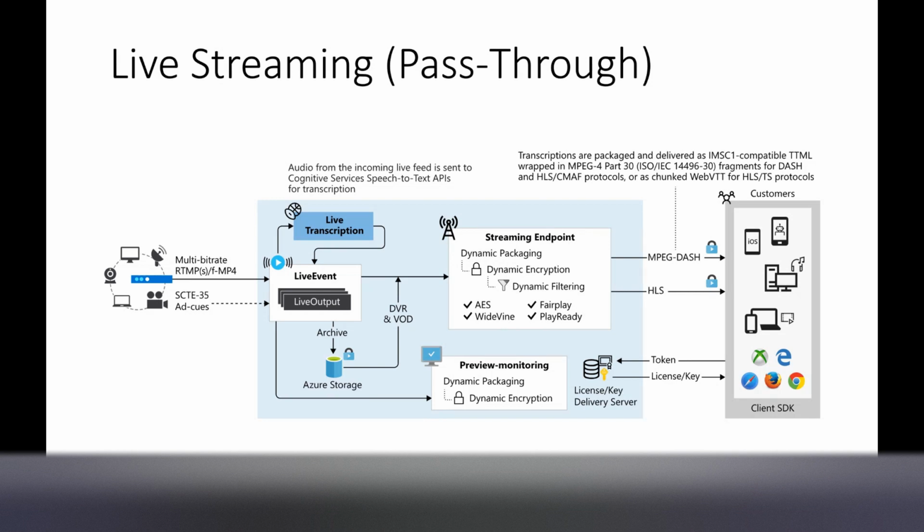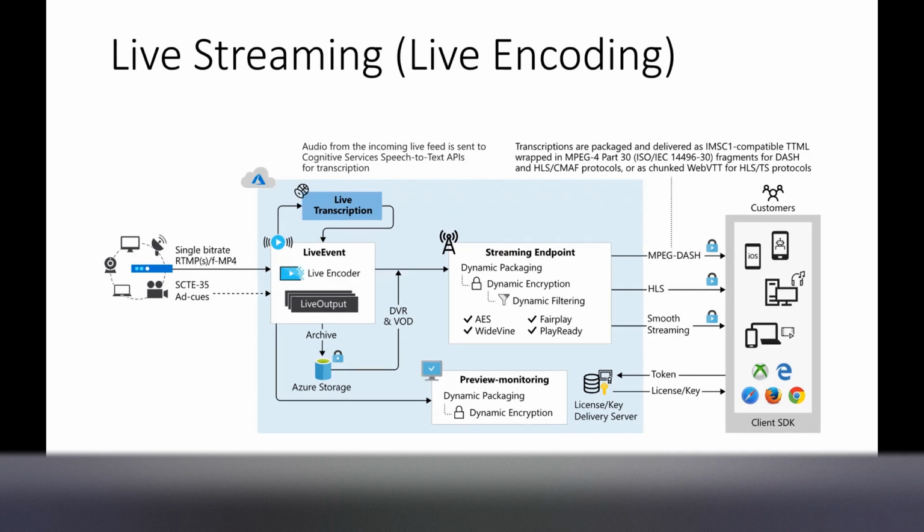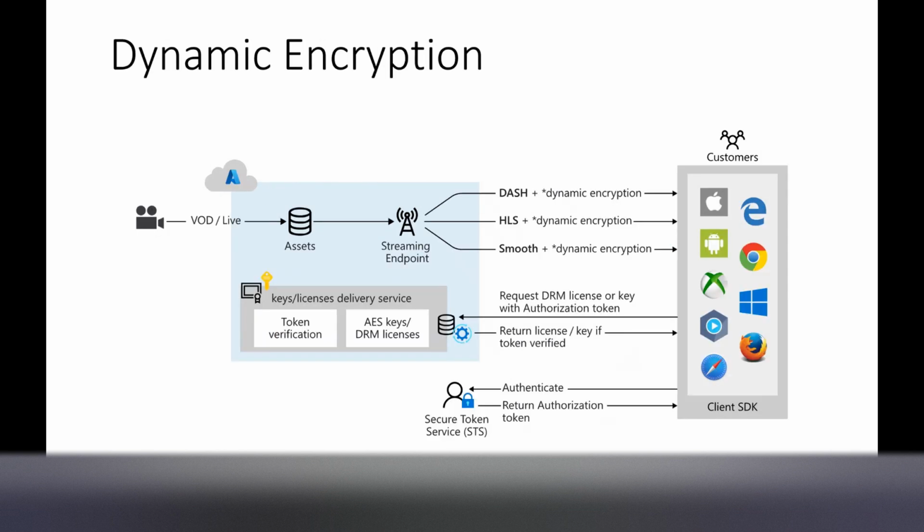That is called pass-through. Or you can live encode that single bitrate to address the demands of the end customer who may be using a different protocol, like smooth streaming or HLS and things like that. So all of that is supported as well.